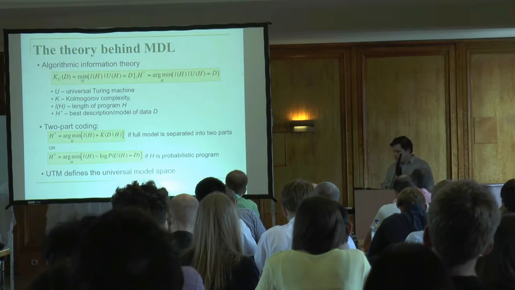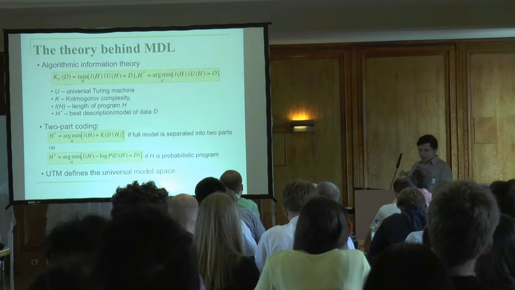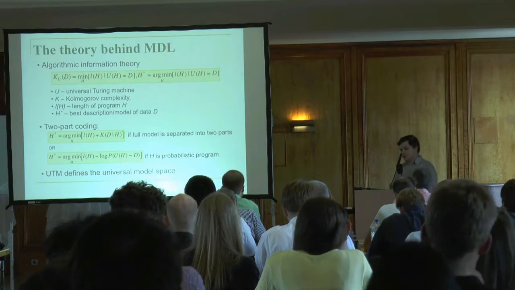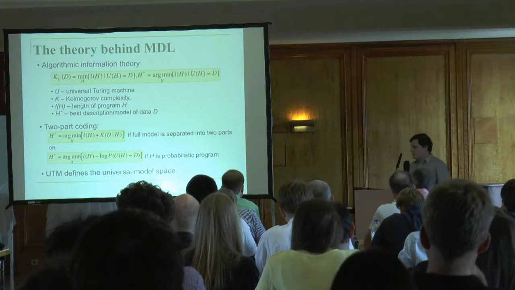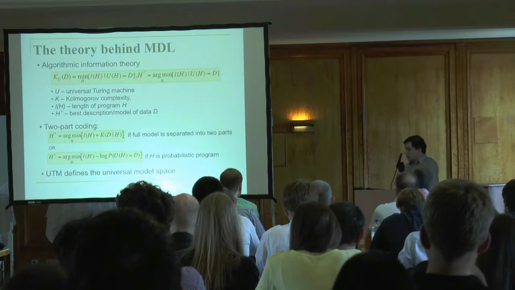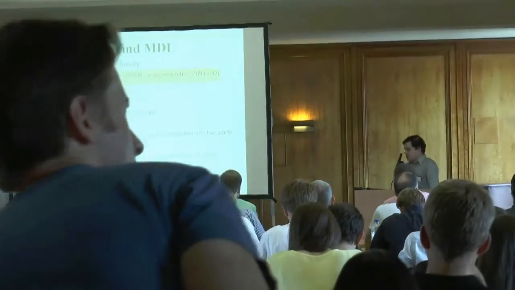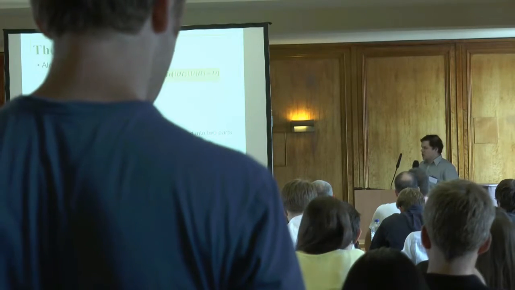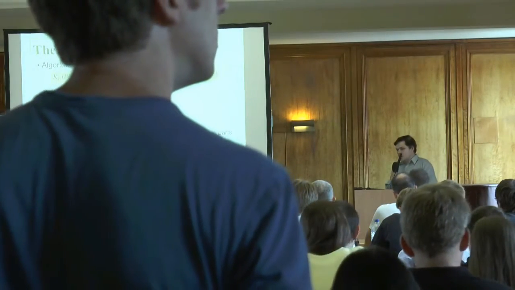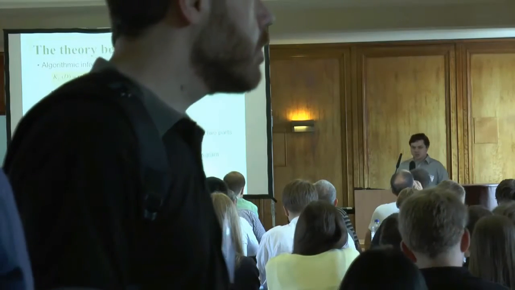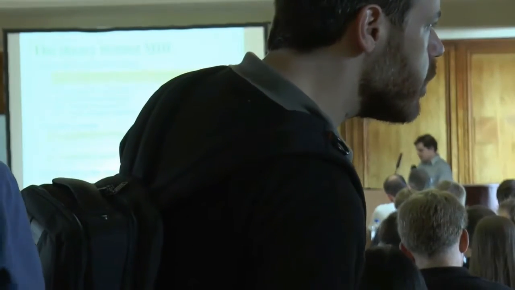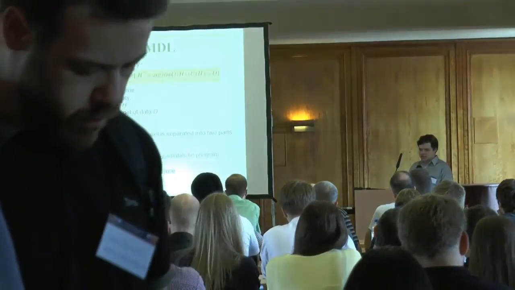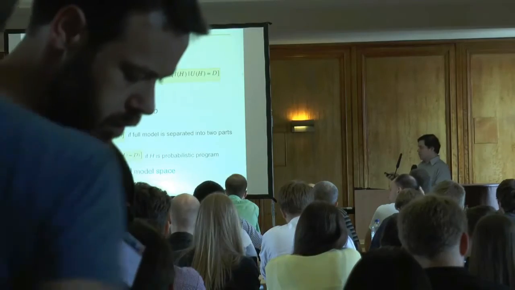And I found that the basic idea beneath the minimum description length principle is algorithmic information theory. So I will not go into detail regarding this theory. I will only say a few words about how Kolmogorov complexity is connected to the minimum description length principle, because one of the main ideas of the minimum description length principle is two-part coding.